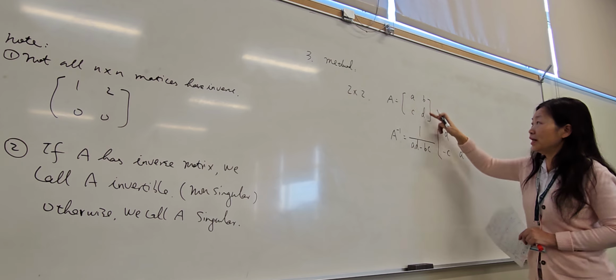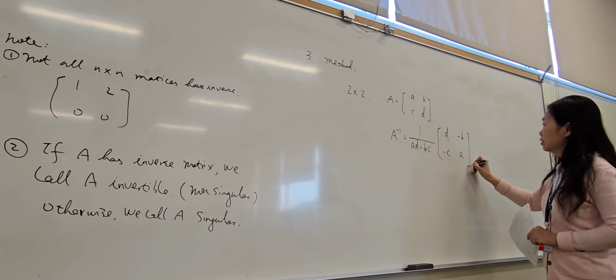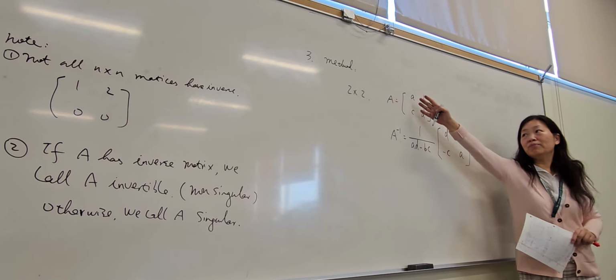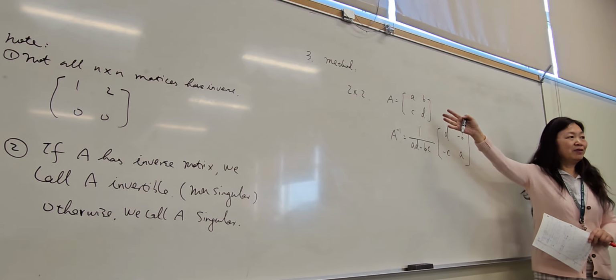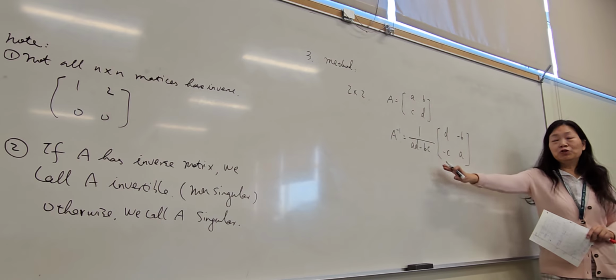We only care about the main diagonal. For the other diagonal, I don't think there's a name for that. So this is for 2 by 2.